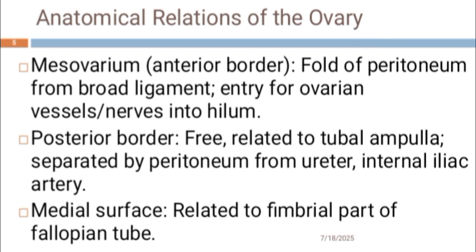The posterior border is free and lies close to the tubal ampulla, separated by peritoneum from critical structures like the ureter and internal iliac artery.